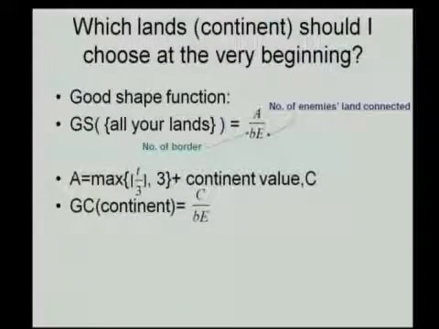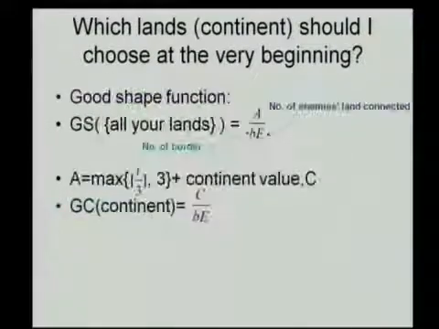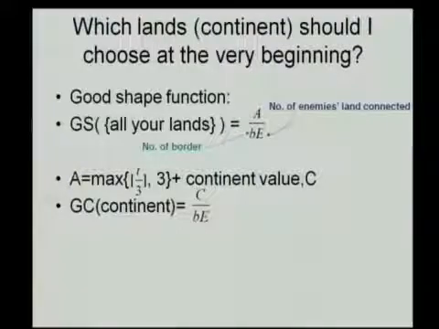Then when we project the GS factor idea to the continents, we can get the GC factor just like this. The bigger the GC factor or GS factor, the more armies you can get and the easier it is to defend. That means it is better.